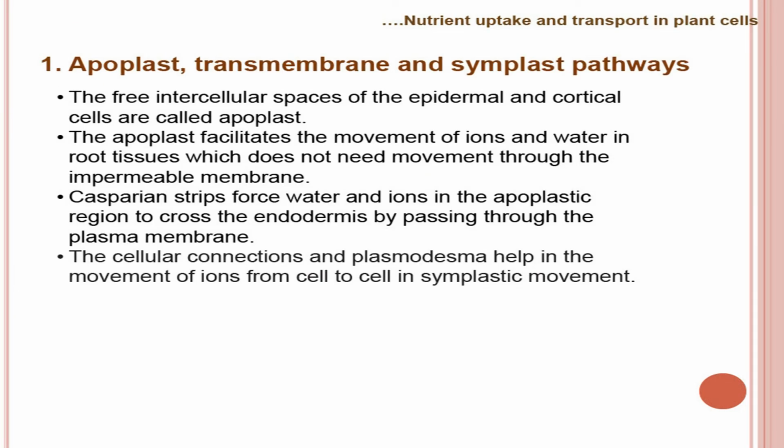Now start with the apoplast, transmembrane and symplast pathways. These are the pathways for nutrient uptake. The free intercellular spaces of the epidermal and cortical cells are called apoplast. In the cells there are certain epidermal and cortical spaces. The apoplast facilitates the movement of ions and water in root tissues, which does not need movement through the impermeable membrane.